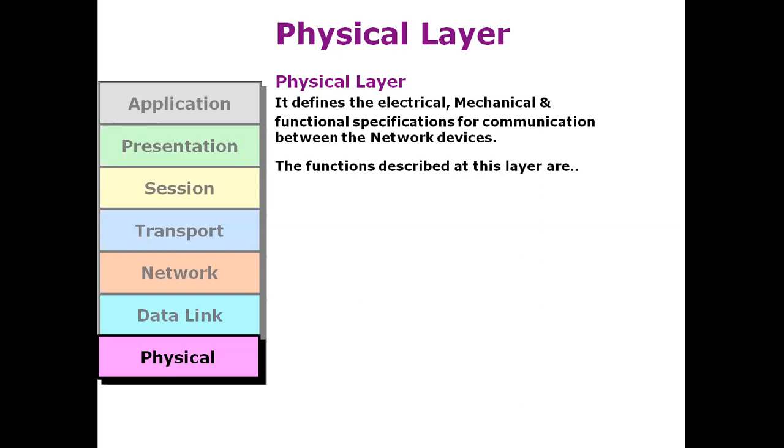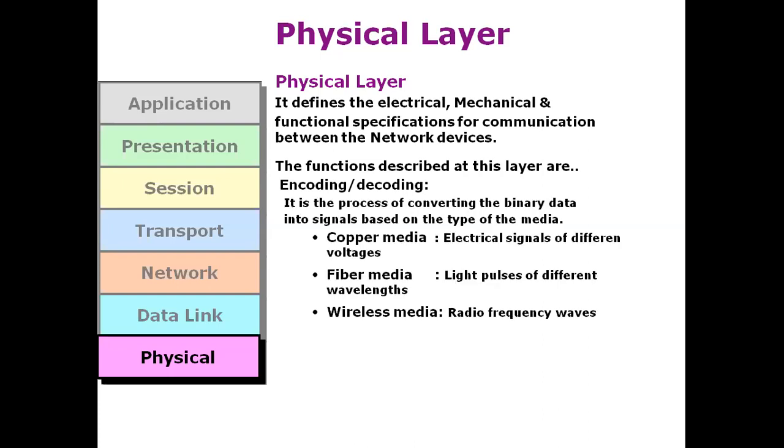If you are using UTP cable, the signal will be electrical, but if you are using fiber optic cable, the signal will be light. So what I want to say is, in physical layer, the binary data is converted into electrical signal or light signal based on the type of media you are using. So this is called physical layer, brother.